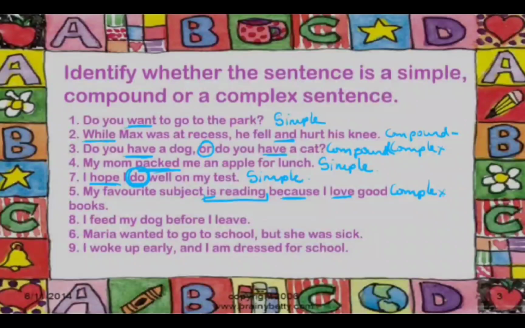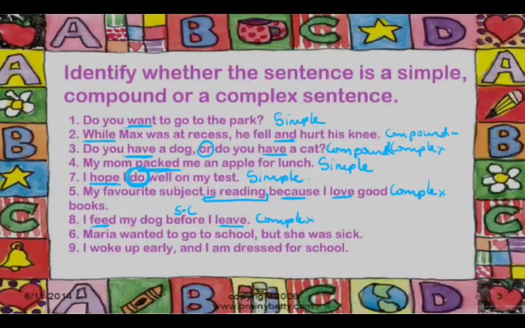I feed my dog before I leave. Feed is one verb, leave is the other verb, joined by a subordinating conjunction. The first B in BUY stands for before. Hence, this is a complex sentence.